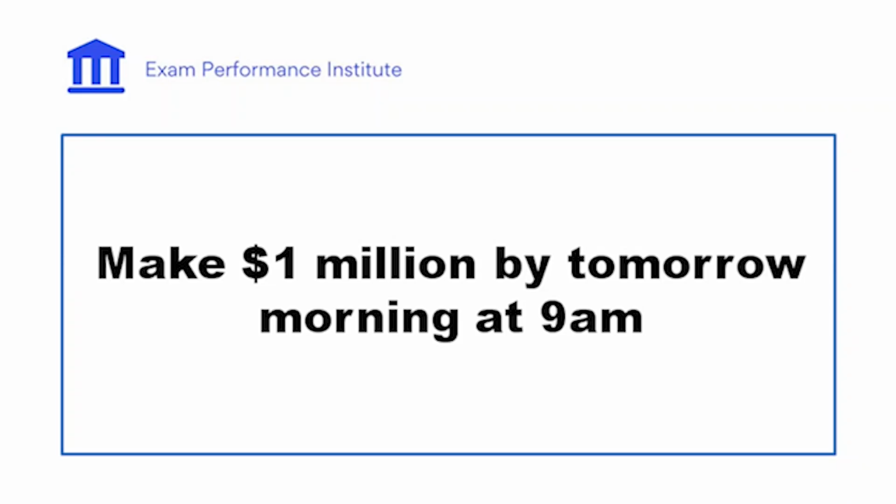So for example, a perfectly legitimate outcome goal would be for me to say, I want to make $1 million by tomorrow morning. It has a specific amount and a time frame on it. However, if I just sit around in my chair and wait for tomorrow morning, it's very unlikely that that $1 million is just going to materialize out of thin air. I have to take action. If I don't take the required action, I'm not going to make that amount of money.